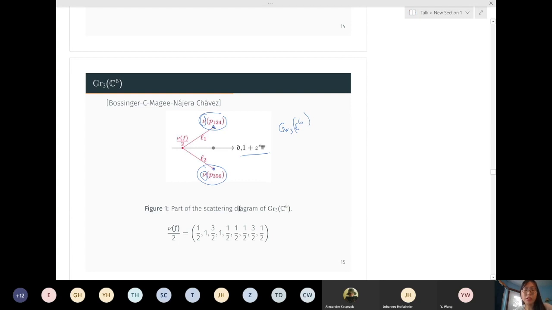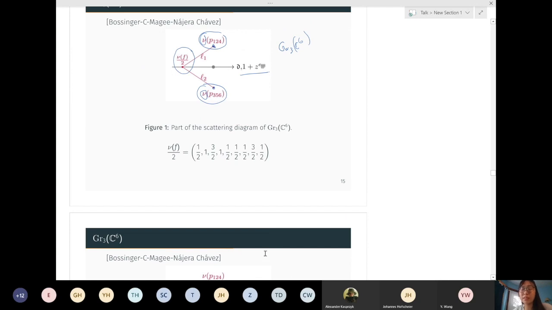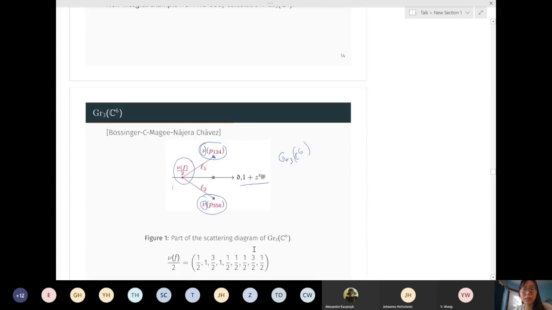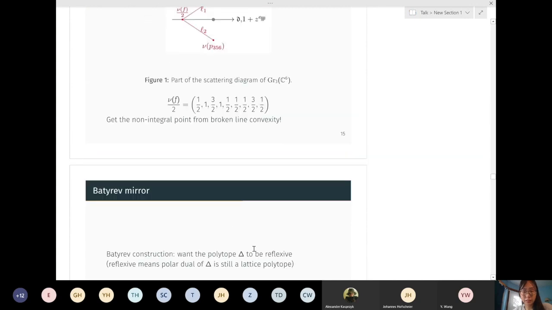And then the thing is, when we bend over this wall, we obtain this point here, which is exactly like what we have in the G2 case, that we have a non-integral point here, which comes from the broken line convexity. So you can see here, this thing really appears and gives a reason why we have this non-integral vertex in this Newton-Okounkov body for this case.